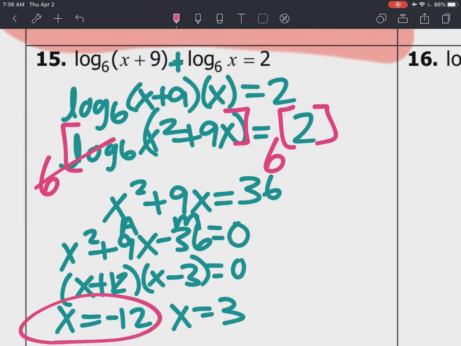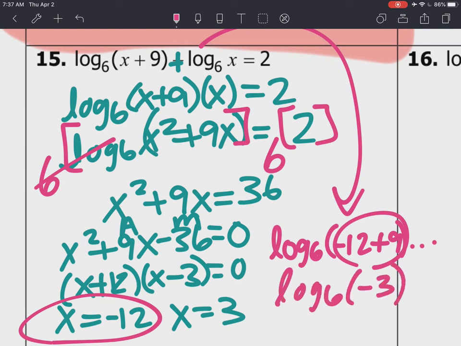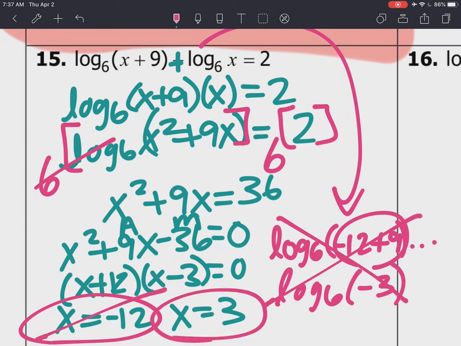And one of these is probably extraneous, which is this one. But let's check it before I just cross it out. So we're checking this one. And if I just start plugging it in, I don't even have to plug it in the whole way. Log base 6 of negative 12 plus 9, you'll see this is a problem because you'll get negative 3, and that's not possible.